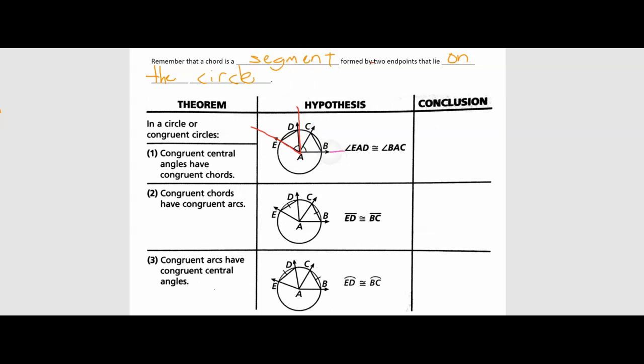And if those angles are congruent, well, the chords, so chord CB, and this is where the angle breaks the circle, right? It's where it intersects the circle. Those two chords are going to be congruent to each other. So our conclusion, segment ED, because chords are segments, is congruent to segment BC.